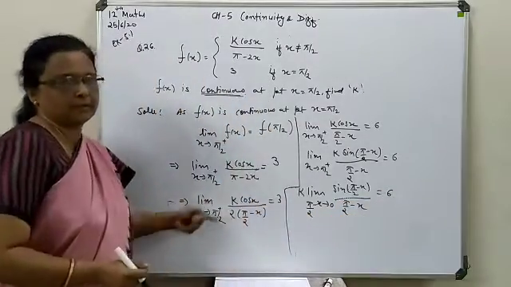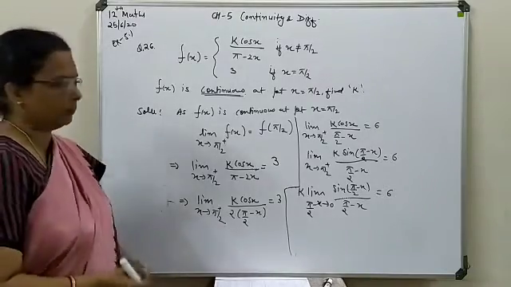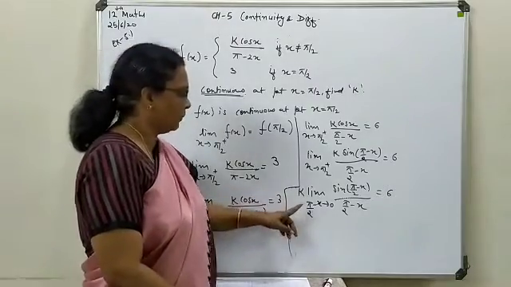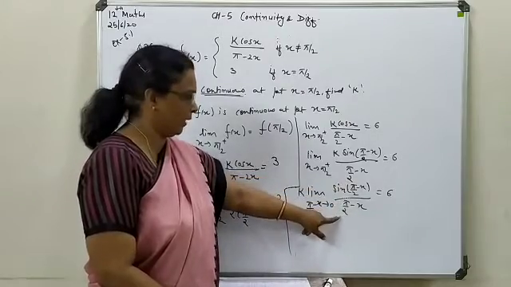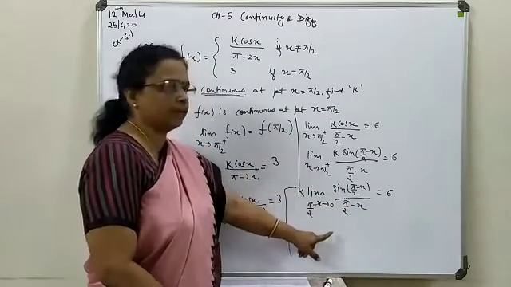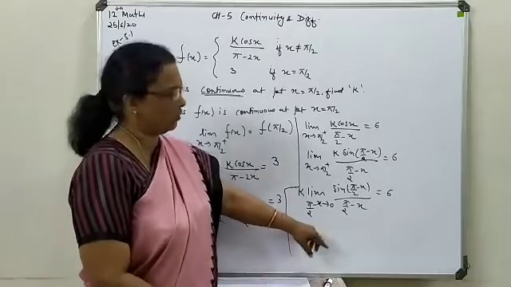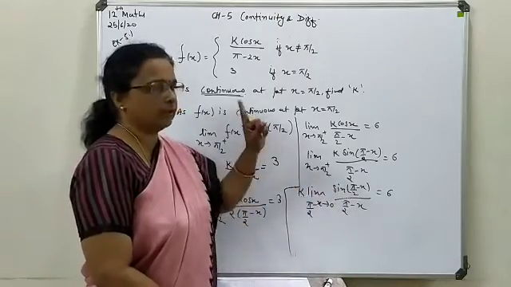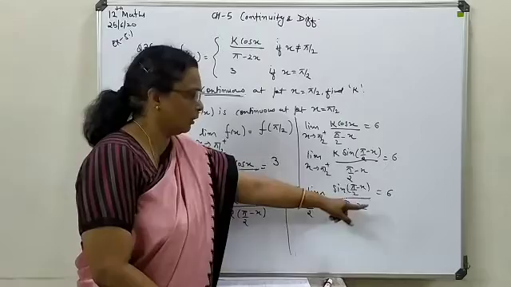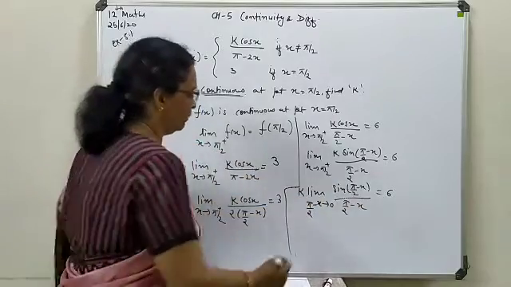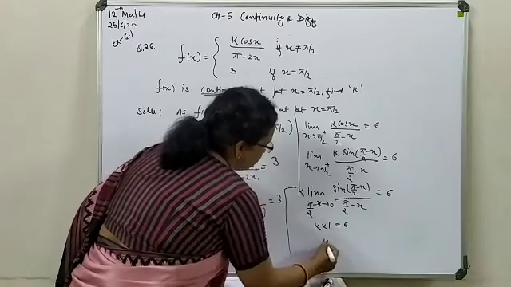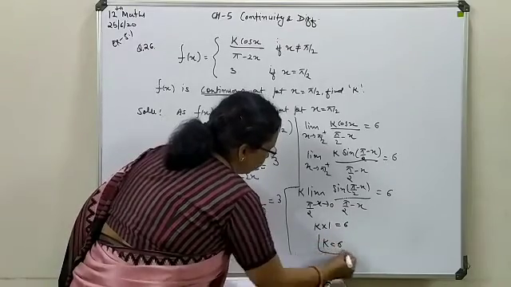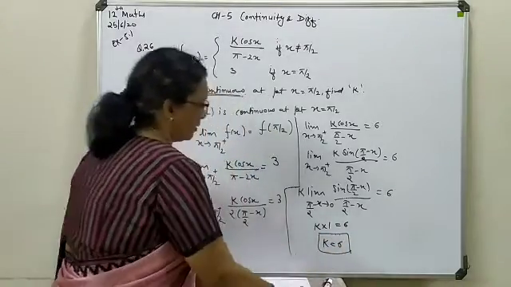This is the form we implemented many times last year: limit x tends to 0 sin x upon x. If you have generated it with any angle combination, this full term will turn to 1. So this full combination will be replaced by 1. So this is k into 1, equals 6. This way the value of k you will evaluate as 6.